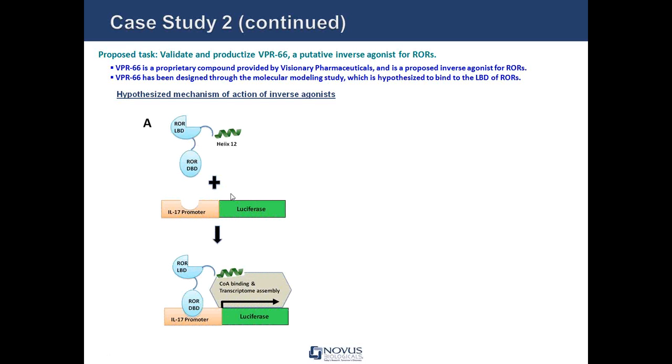If I explain the hypothesized mechanism of action of an inverse agonist, in the normal state, ROR protein, for example ROR gamma T, can bind to a specific promoter, such as IL-17A.